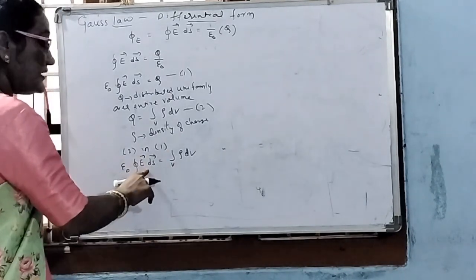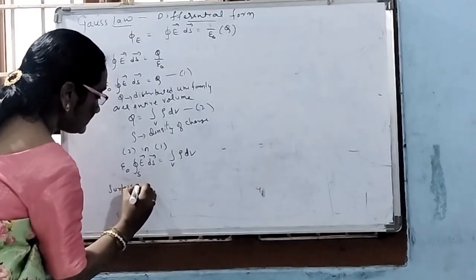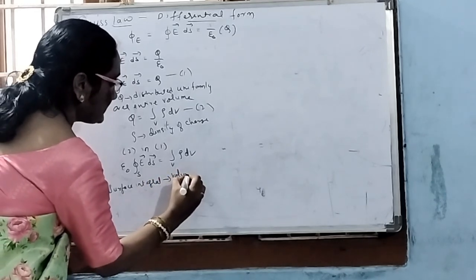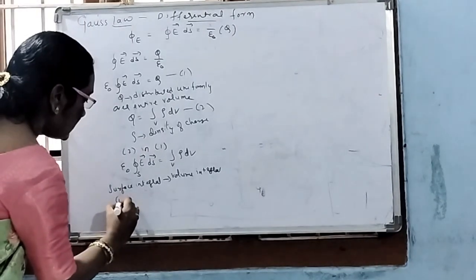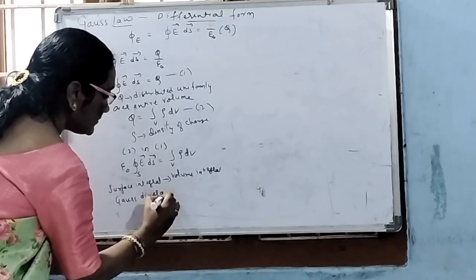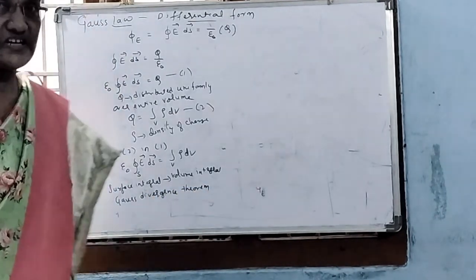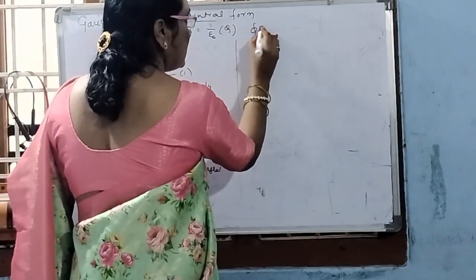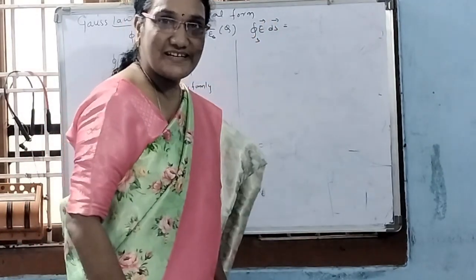Now, let us convert this surface integral E dot ds into a volume integral.